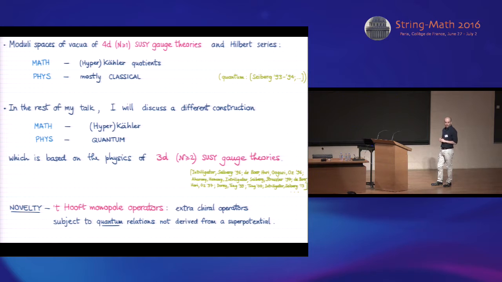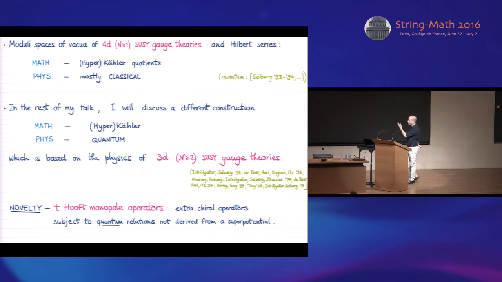So in the rest of my talk, instead, I would like to discuss a different construction that mathematically yields Kähler or hyper-Kähler moduli spaces, and physically is inherently quantum. And this is based on the physics of three-dimensional supersymmetric gauge theories, with supersymmetry at least N=2, which can be obtained by dimensional reduction of N=1 in 4 dimensions.